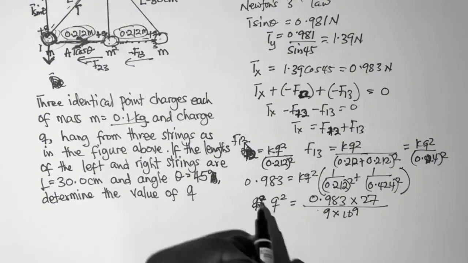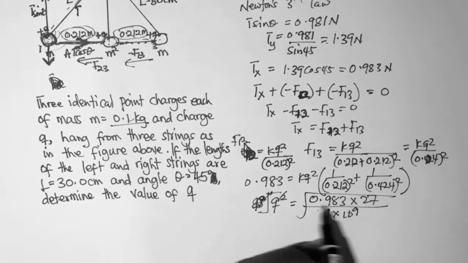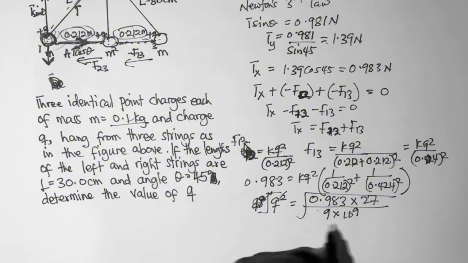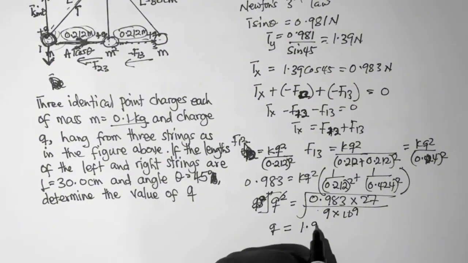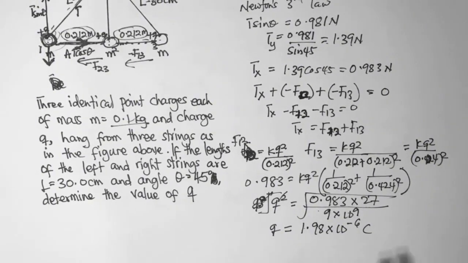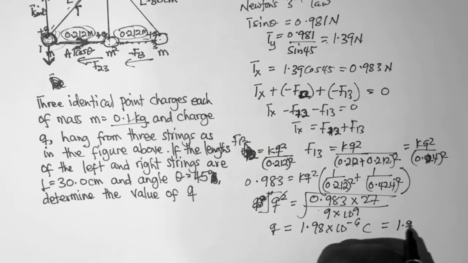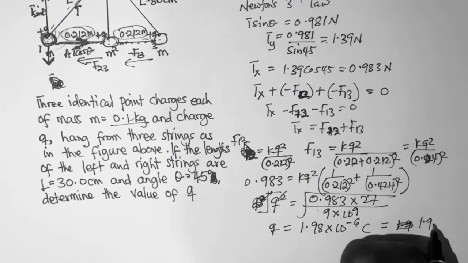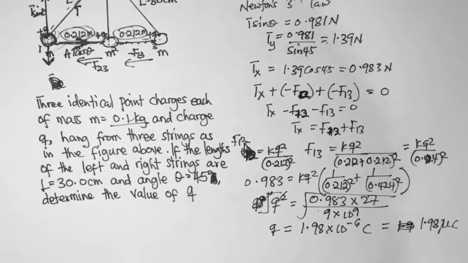If you find the square root of both sides and compute this, you find out that Q is equal to 1.98 times 10 exponent minus 6 coulombs, which is the same as 1.98 microcoulombs. So it means that the charge on each of the spheres is 1.98 microcoulombs.